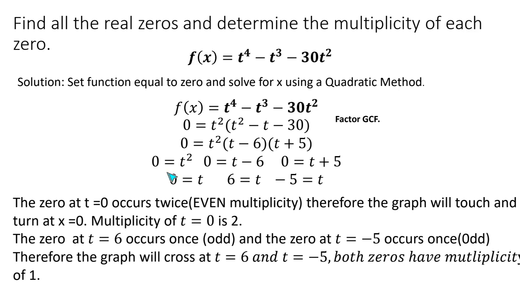But you might be asking yourself, why do I only see it once? One of the mistakes I see people make is that they go ahead and use the square root property here and they get t equals 0.